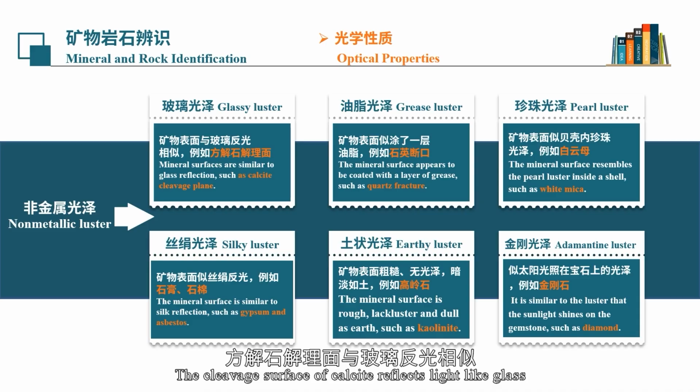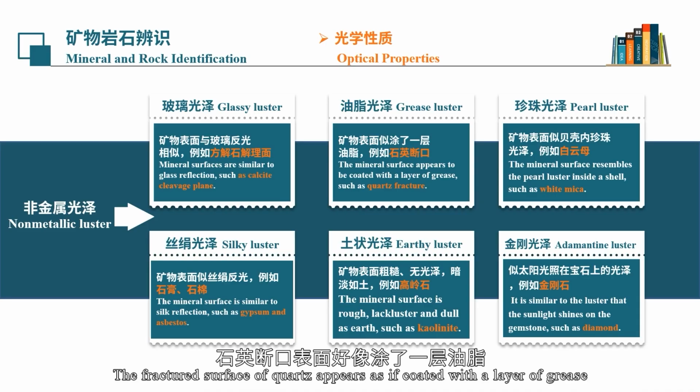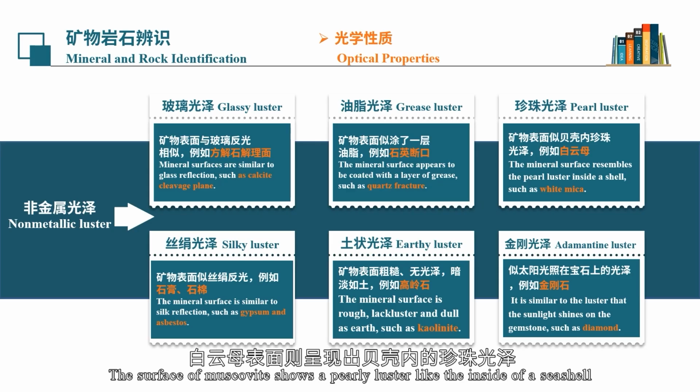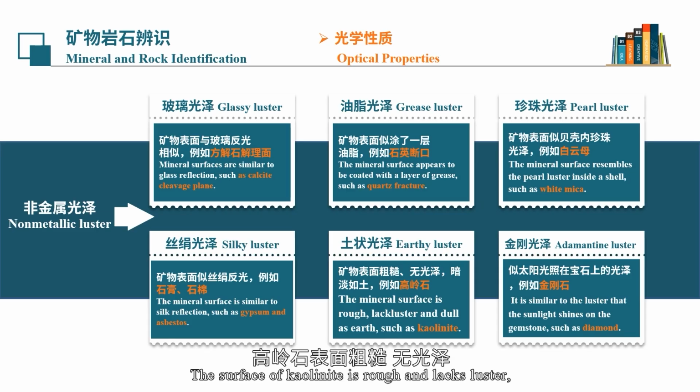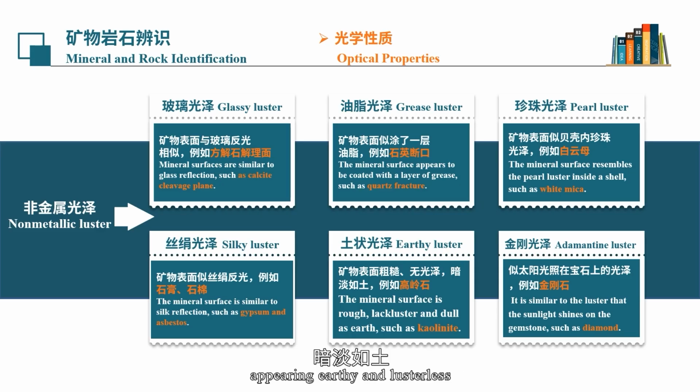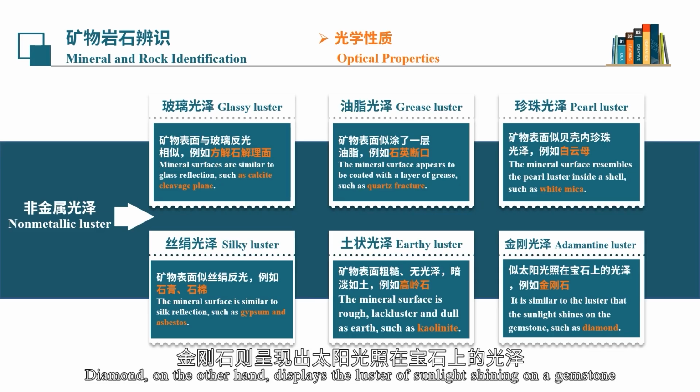For example, the cleavage surface of calcite reflects light like glass. The fractured surface of quartz appears as if coated with a layer of grease. The surface of muscovite shows a pearly luster, like the inside of a seashell. The surface of kaolinite is rough and lacks luster, appearing earthy and lusterless. Diamond, on the other hand, displays the luster of sunlight shining on a gemstone.